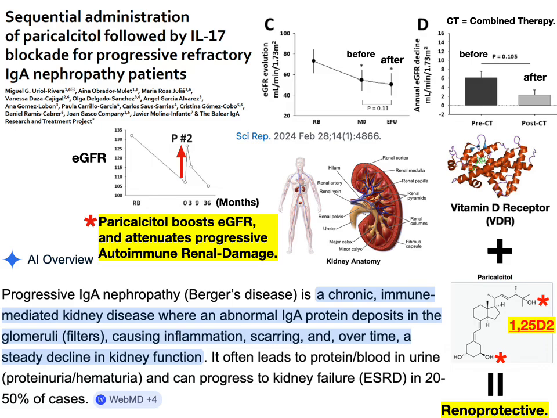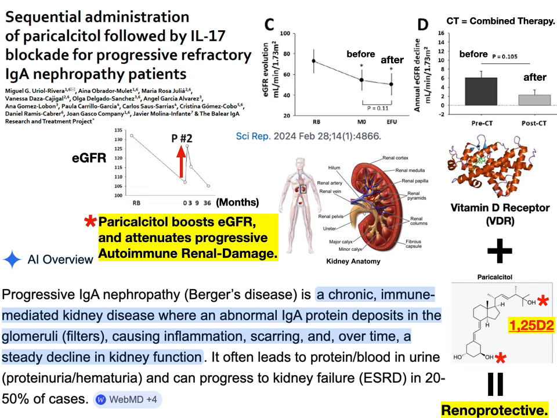So in closing, we will reintroduce this paper, which we will discuss in more detail in part 4 of this series. Sequential administration of paricalcitol followed by interleukin-17 blockade for progressive refractory IgA nephropathy patients.